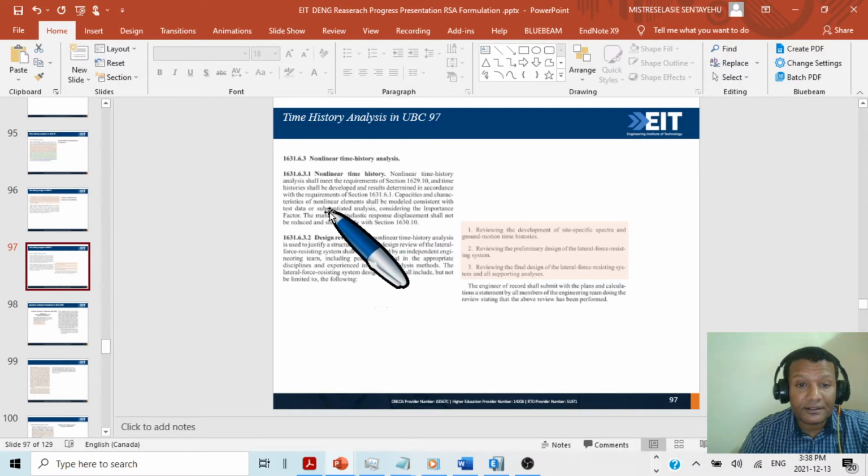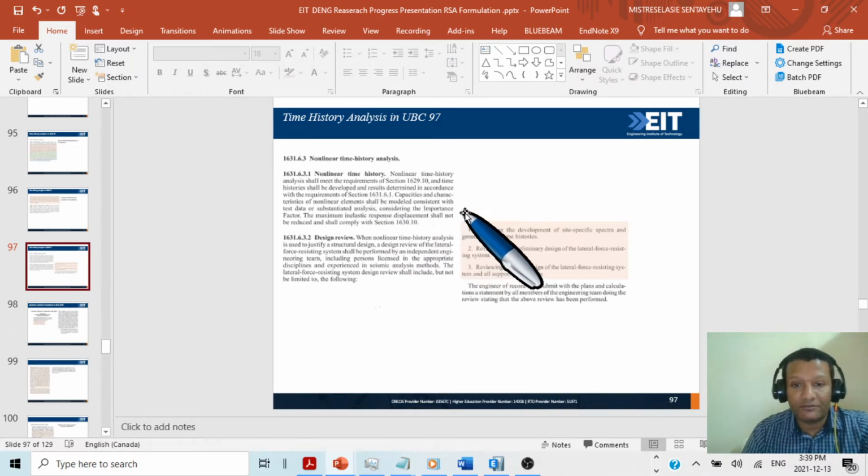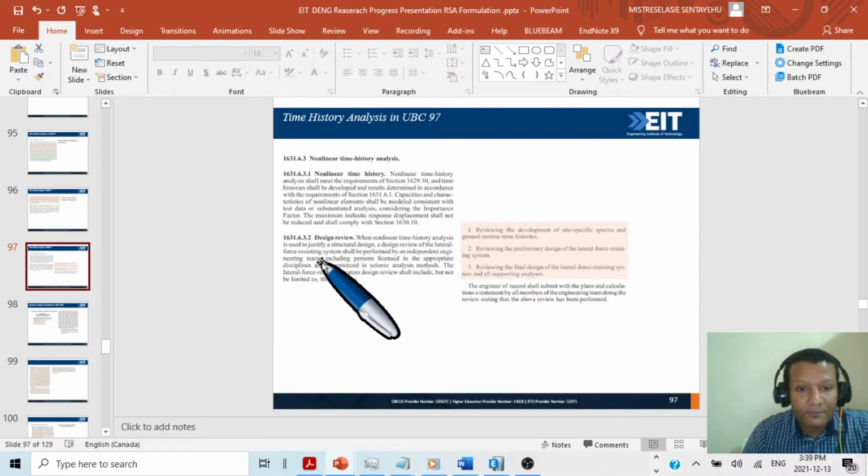Capacities and characteristics of nonlinear elements shall be modeled consistent with test data or substitute analysis. Considering the importance factor, the maximum inelastic response displacement shall not be reduced, because the model is already nonlinear. No need to reduce it with the R factor, I over R, or Cd factor, or overstrength factor; we will not use them here.